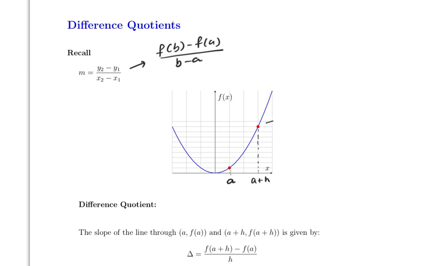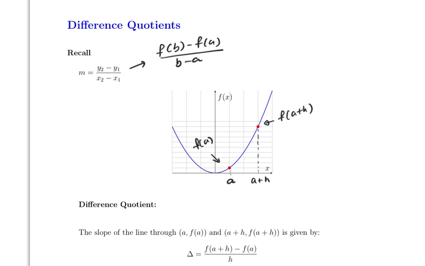So therefore, this is going to be f of a plus h, and this one is going to be f of a. Now, again, it's very important that you don't forget this, because then people think you're doing something different, okay? We just need to modify the formula to make what we're trying to do easier.